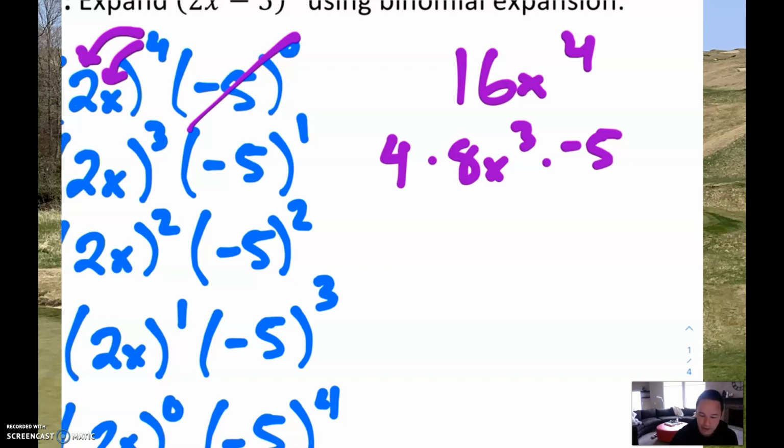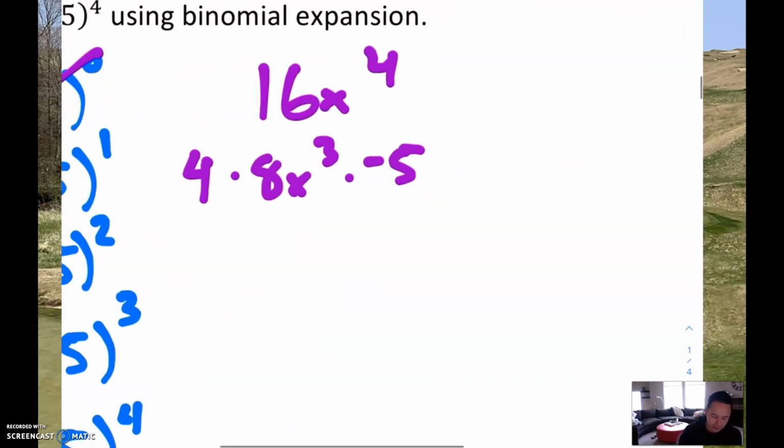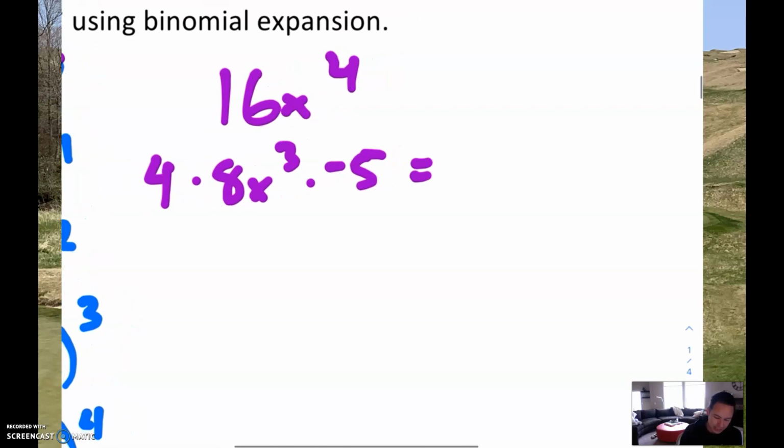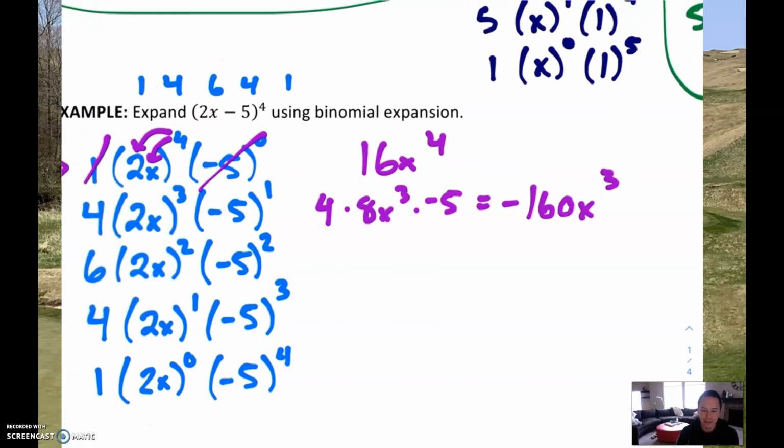So now, once we've simplified those, we just have to multiply them together. So 4 times 8, that gives you a 32. And then we multiply it by a negative 5. So this becomes a negative 160x cubed. Just a fair warning, you're going to get some really big numbers as we go through this process. So the bigger the exponents, the bigger your coefficients are going to be.